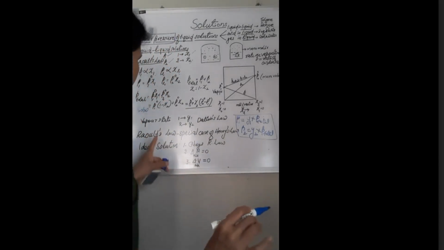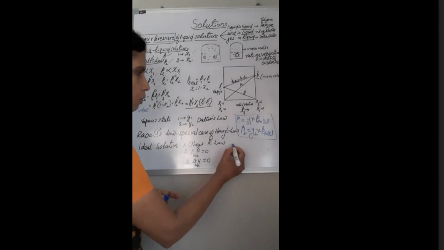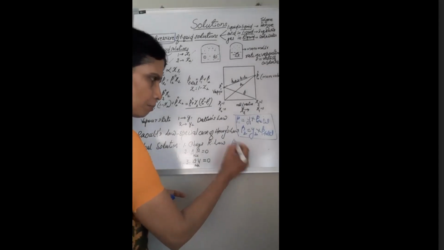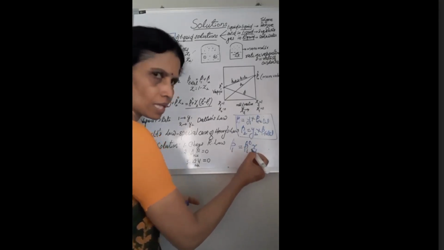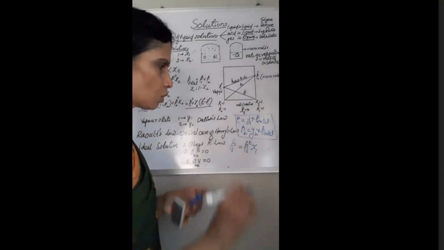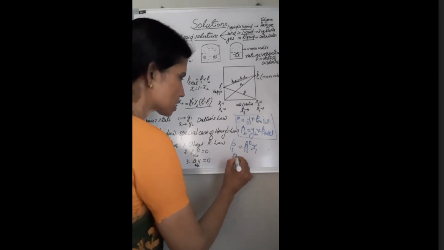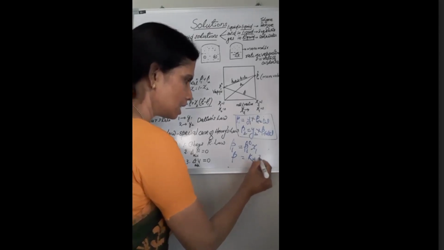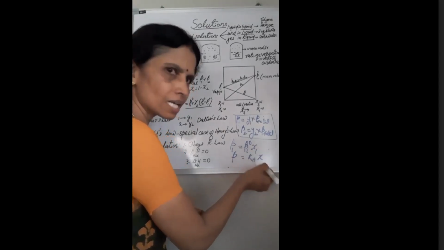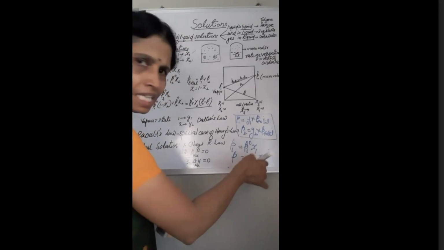for a volatile component, as per Raoult's law, we know component P1 is equal to P10 into X1. And for Henry's law, according to Henry's law, partial vapor pressure P is equal to Kh into the mole fraction of that gas, of course, in the solution.